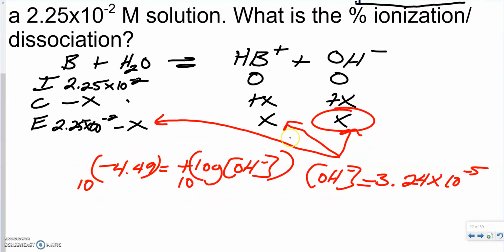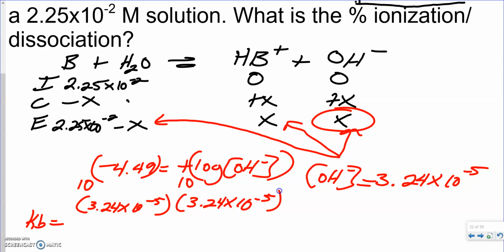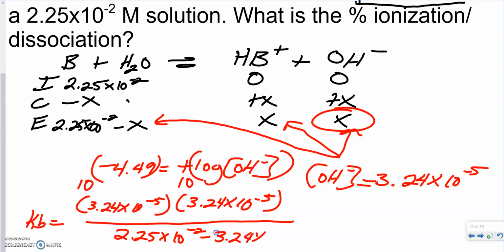So we have to recognize that at equilibrium, let's solve for KB first, KB is going to be equal to 3.24 times 10 to the negative fifth times 3.24 times 10 to the negative fifth over 2.25 times 10 to the negative second minus 3.24 times 10 to the negative fifth, because remember, we actually have to solve that out.